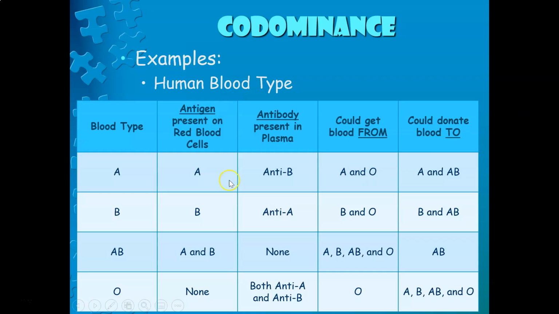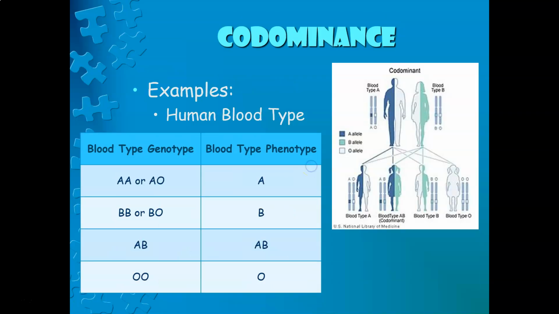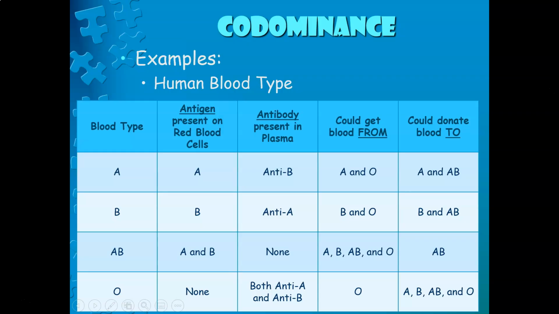So when we look at this, all right, if I'm type A, that means I have A antigens on my red blood cells, so my body produces anti-B antibodies. So what does that ultimately mean in terms of who I can and cannot get blood from and who I can donate to? So type A, I can get blood from myself or from anybody who has the same blood type as me.